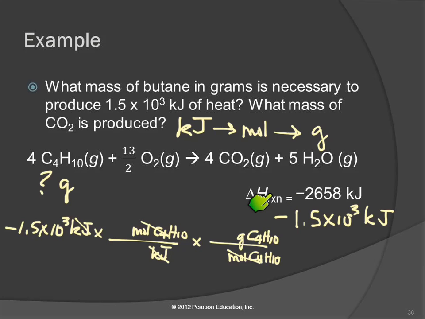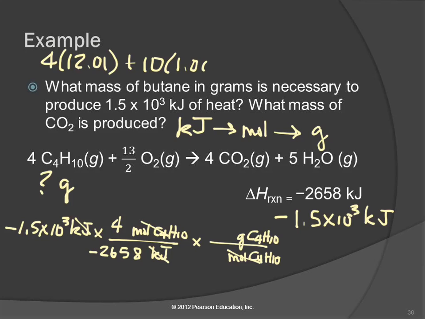The relationship between kilojoules and moles comes from this number and the number of moles specified in the equation. So 4 moles of butane and minus 2658 kilojoules. And then we've got grams of butane and to moles. So molar mass there: 4 times 12.01 plus 10 times 1.008.